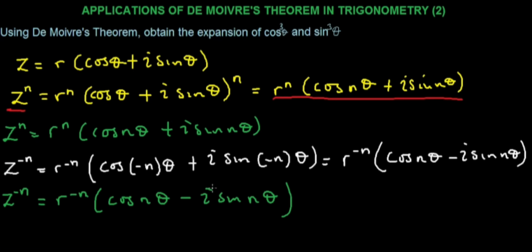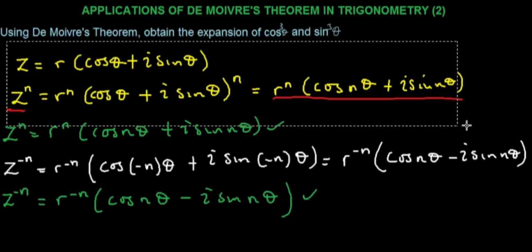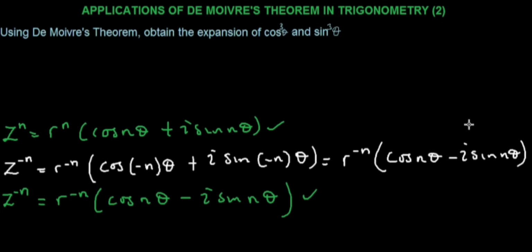Now let's assume that we want to add these two together. Let's add both this first one and this second one. We want to do the addition of the De Moivre's theorem and the inverse. So if I have z to the power of n plus z to the power of minus n, I want to add this together.